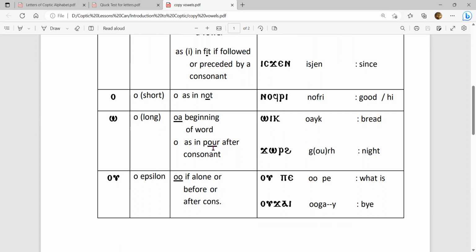We don't say pour, not like in oik, but it's sort of like OU in pour. I have chosen the word that we hear these days, when we say has fasted 40 days and 40 nights, we say gor.